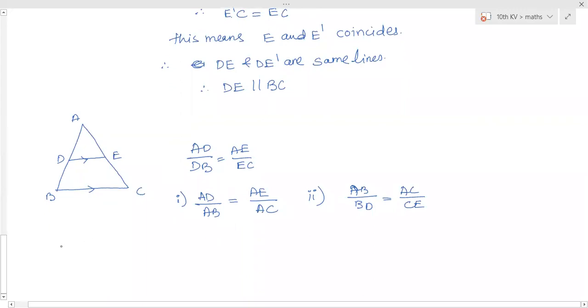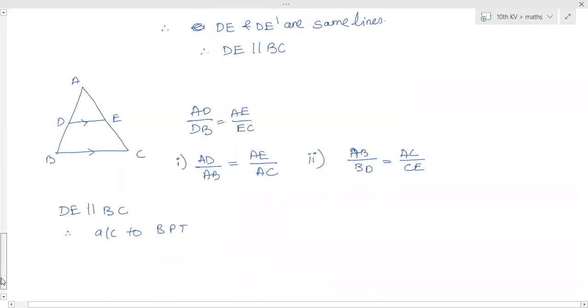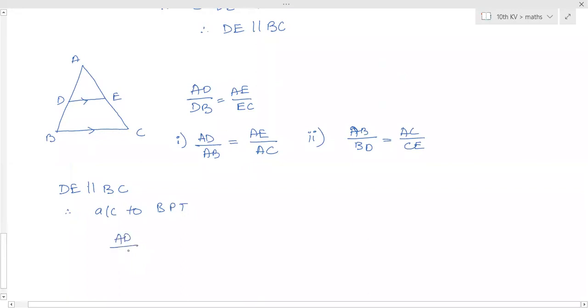We know that DE is parallel to BC, so according to BPT, AD by DB is equal to AE by EC. Now take the reciprocal first.